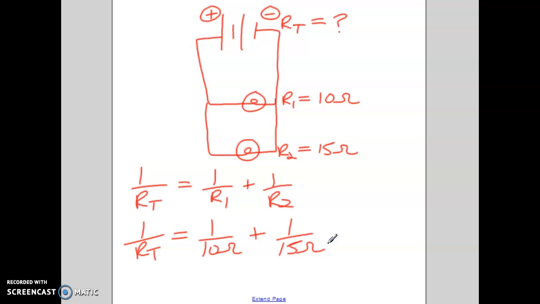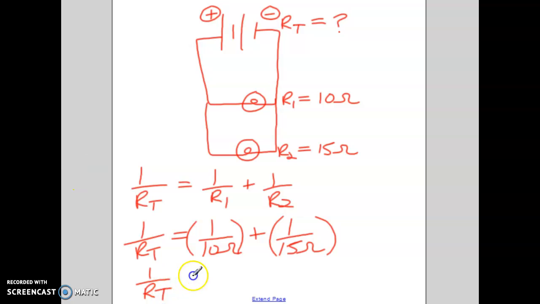Now, the method I'm going to show you is the simplest way that I've seen done. I find students understand this the easiest. We're going to get rid of these fractions by dividing them out. So we're going to have 1 divided by 10 plus 1 divided by 15.